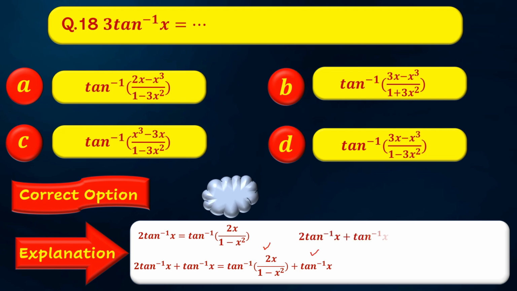After applying this we get 2 tan inverse x plus tan inverse x is equal to tan inverse 2x over 1 minus x square plus x over 1 minus 2x over 1 minus x square into x. And after simplifying, we get 3 tan inverse x is equal to tan inverse 3x minus x cube over 1 minus 3x square. Therefore, correct option is option D.